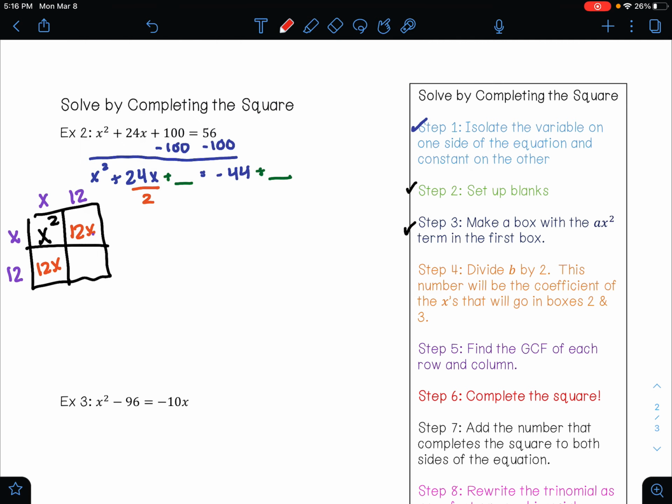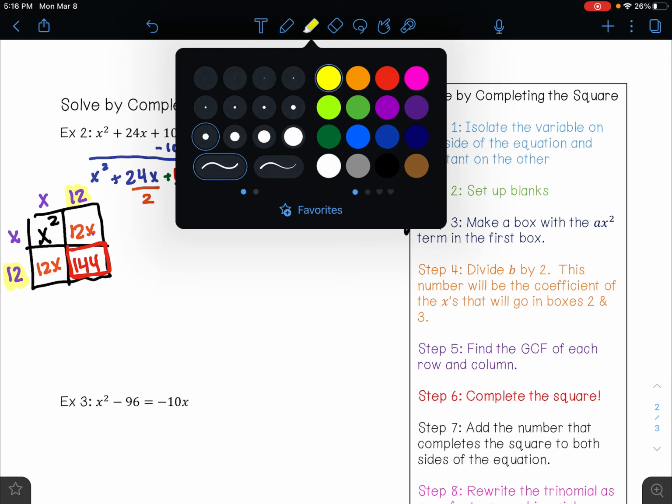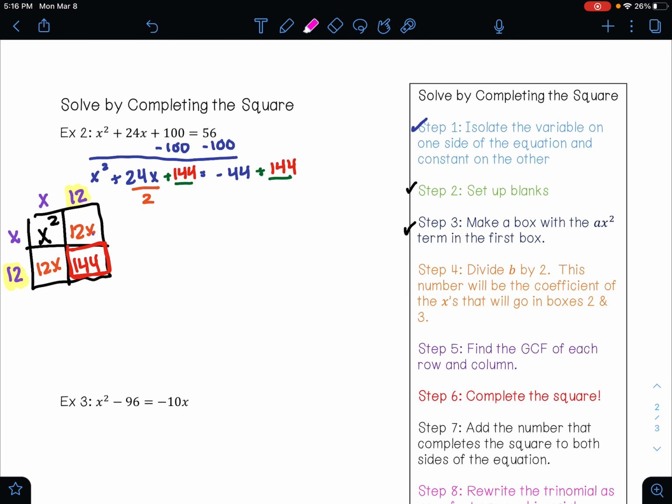Now I can complete the square by multiplying 12 by 12. 12 times 12 is 144. So 144 is the missing number that completes the square. That is the number that I am going to add to both sides of my equation.